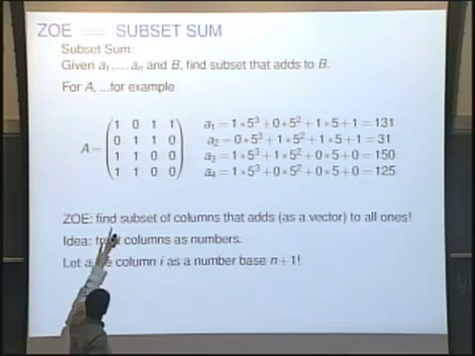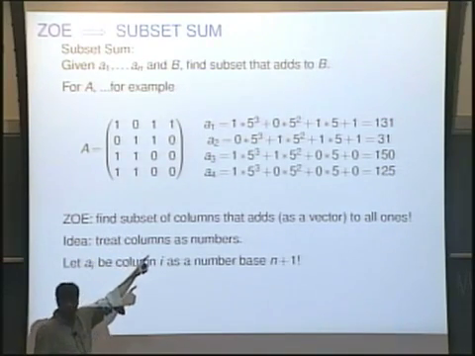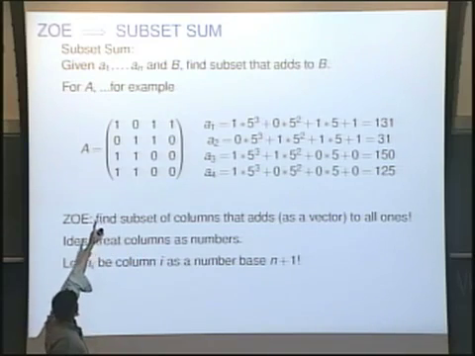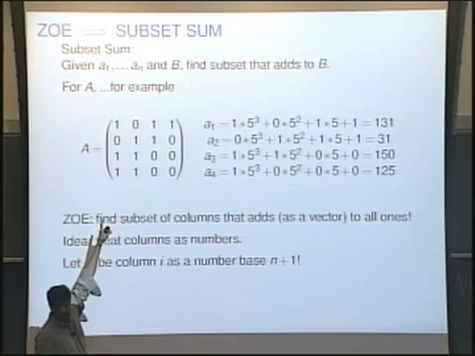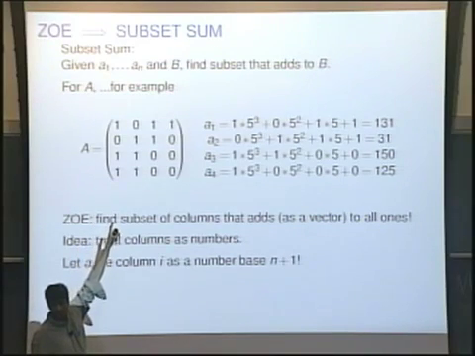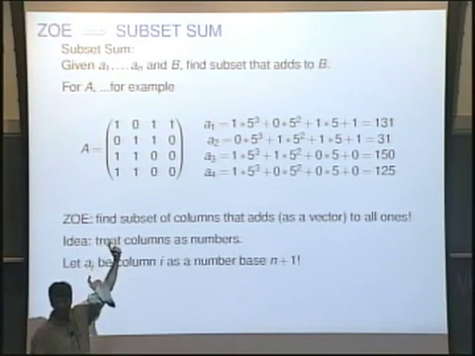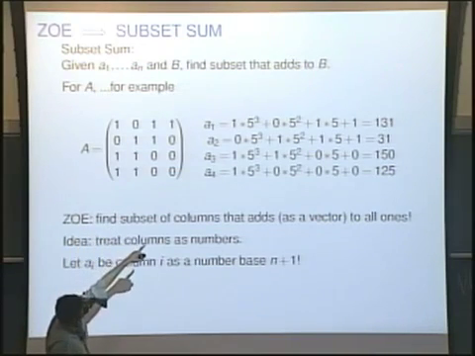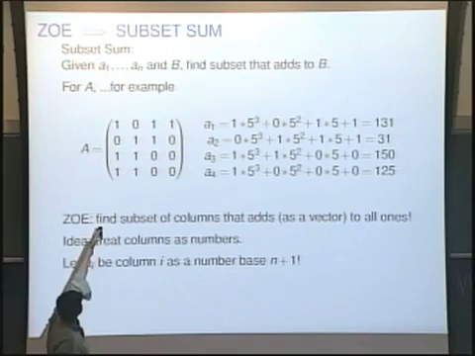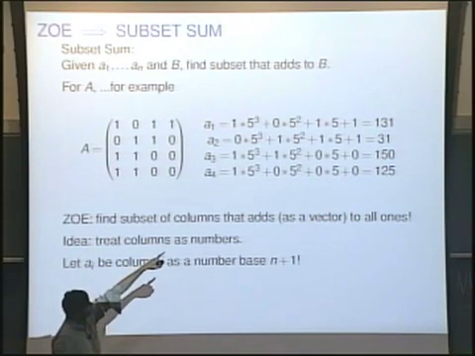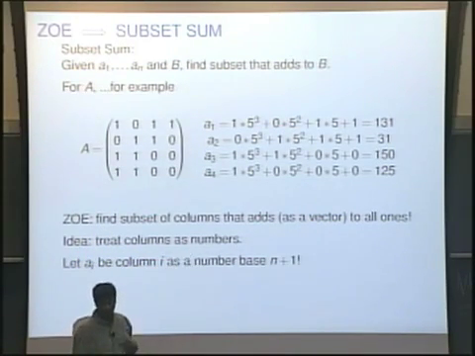I'm treating the first column as a number in base 5. So A1 is equal to, in the highest order bit, 5 cubed. That's the way base works. So this is 1 times 5 cubed, plus 0 times 5 squared, because this one is 0, plus 1 times 5, plus 1.